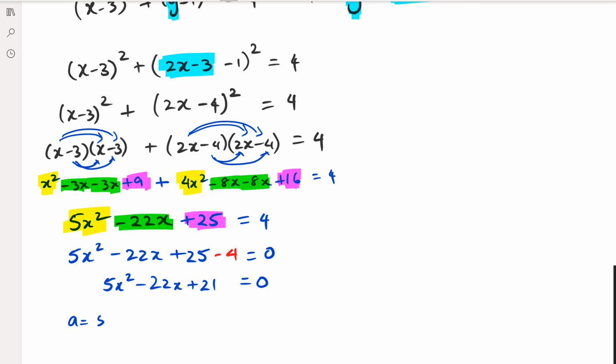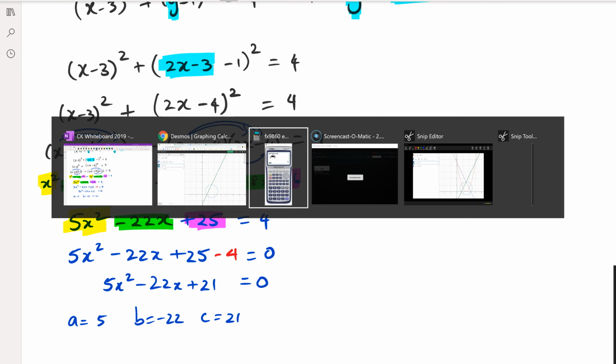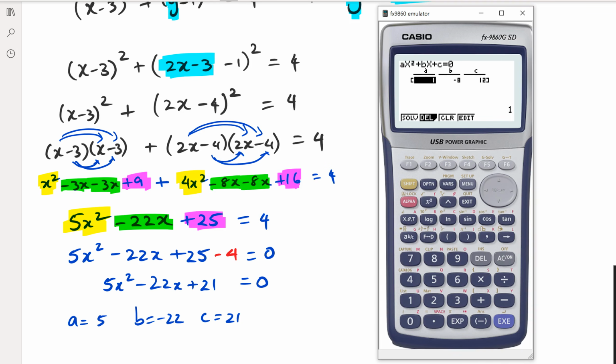So I've got a equals 5, b equals minus 22, c equals 21. So I've got 5, negative 22, and 21. So there's my two answers, where x equals 3 and x equals 1.4.